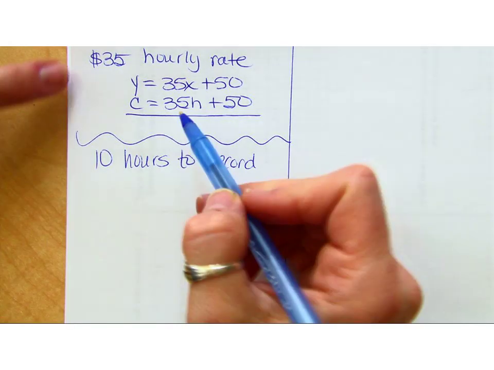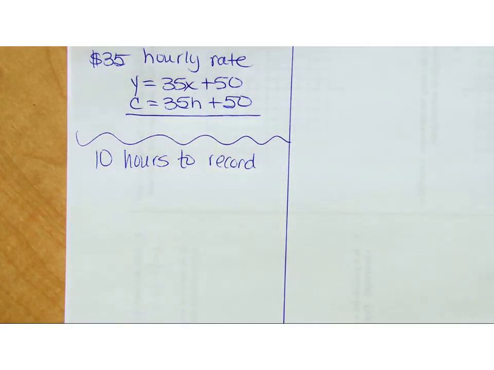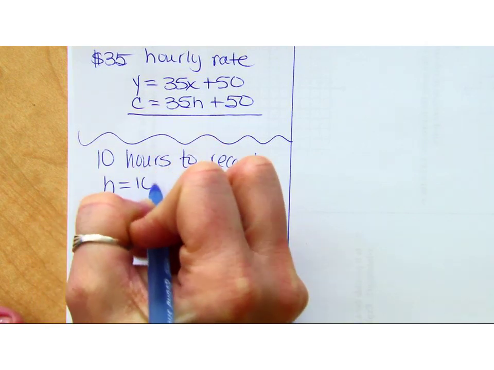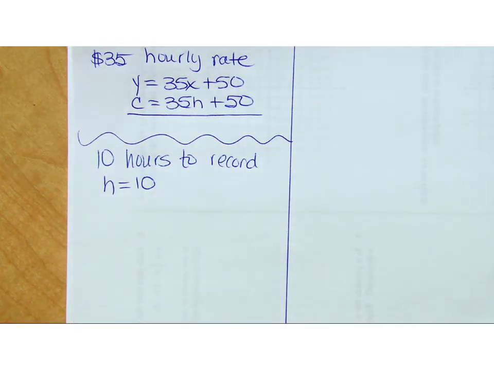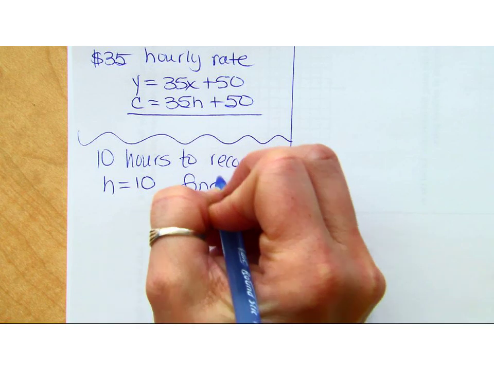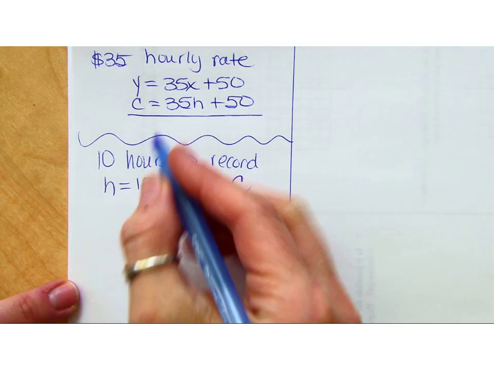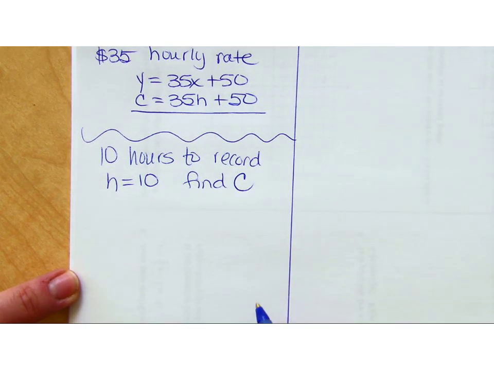That's why I used H. Do you see why if this was just X and Y, it would have been a little tricky? So I know now that H is 10, and I'm going to be asked to find C. So I am going to go back up to my awesome equation.